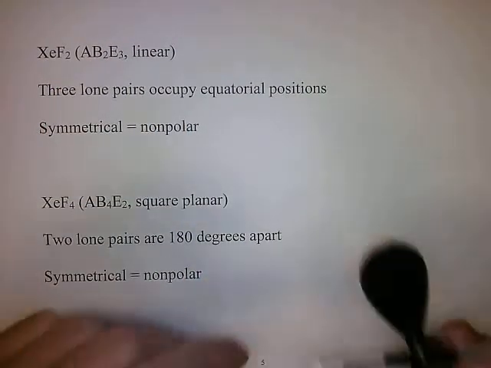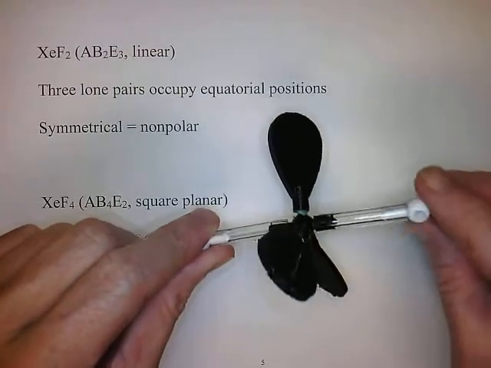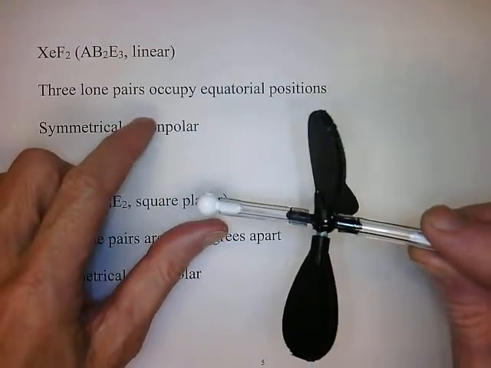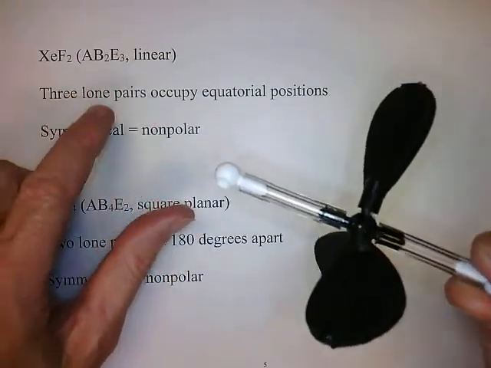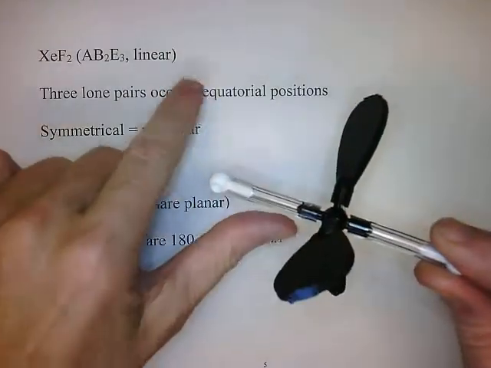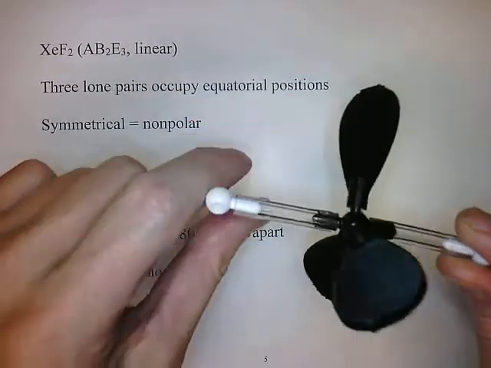It's described as being linear in shape. It looks like this. So now this is different because you have three lone pairs occupying the equatorial positions.